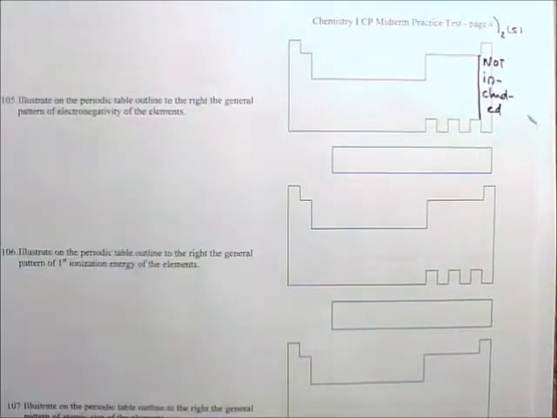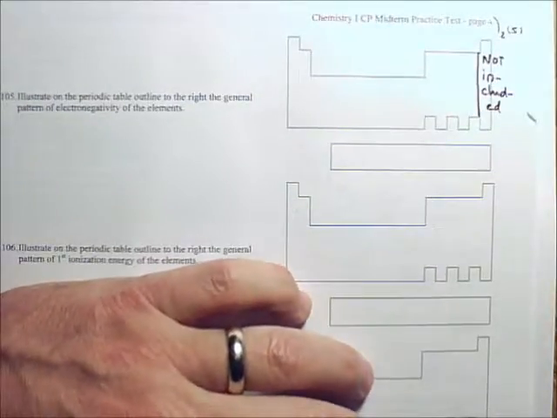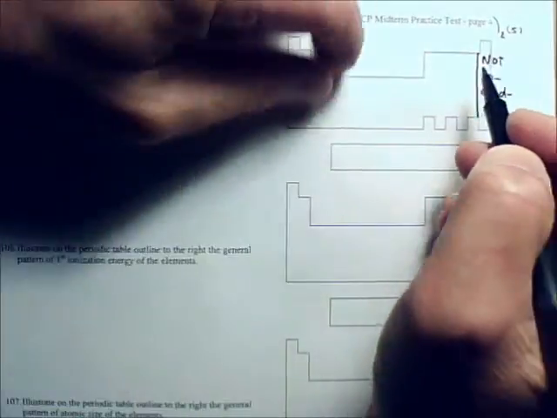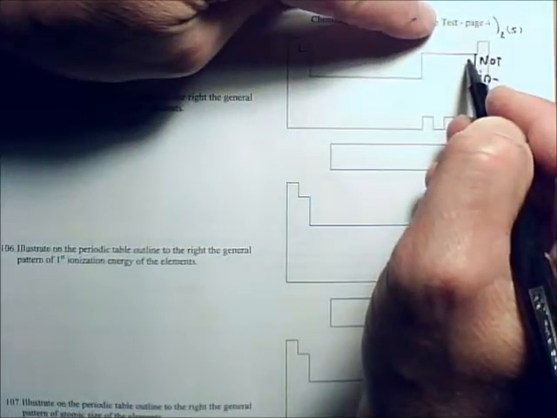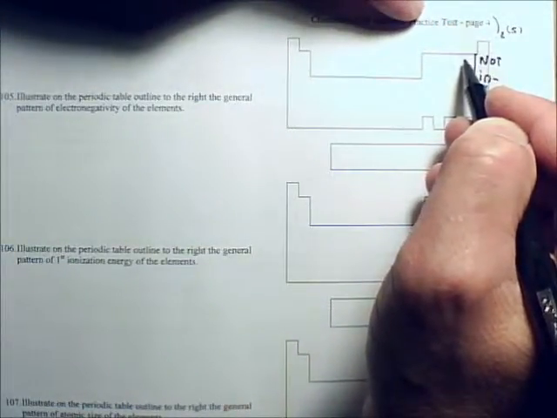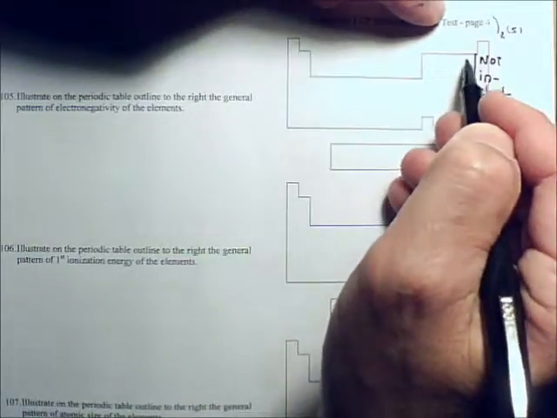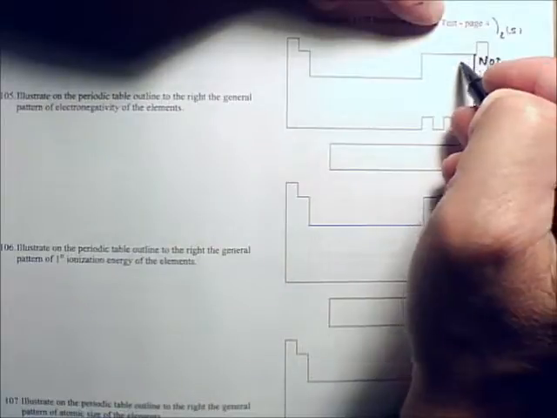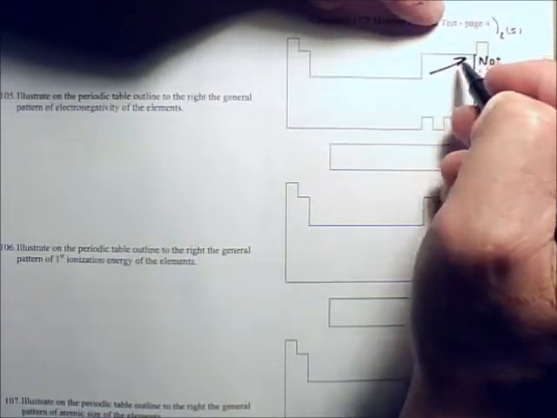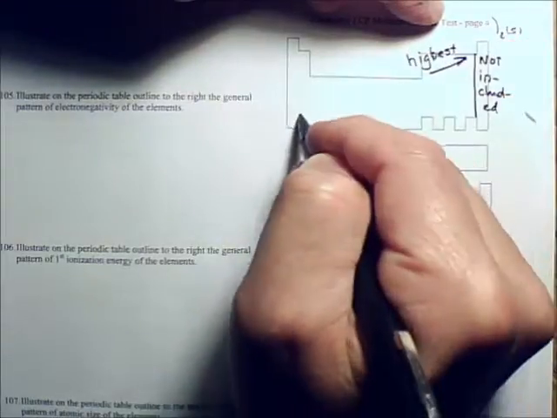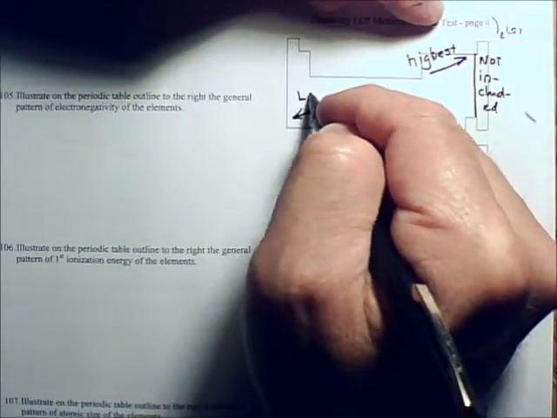And since noble gases, for the most part, don't share electrons, there's no electronegativity. So the element with the highest electronegativity is right here. It's fluorine. The one with the lowest is down here, either cesium or francium. And so you're going to have highest up in this direction, and lowest down here.